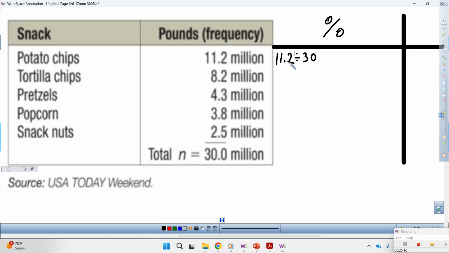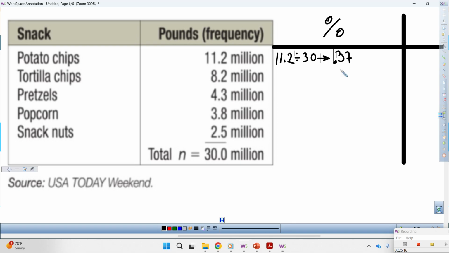We multiply whatever we get from there times 100. But before I do that, calculators calculate. Give me that value first. What is it? 0.37.